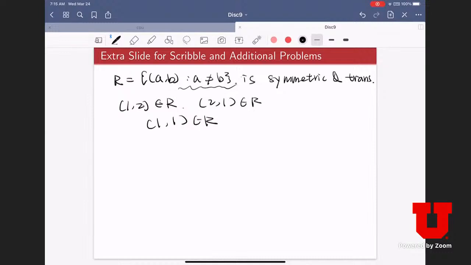So the relation is not transitive, and thus this is a false statement. All right, any question on this one?